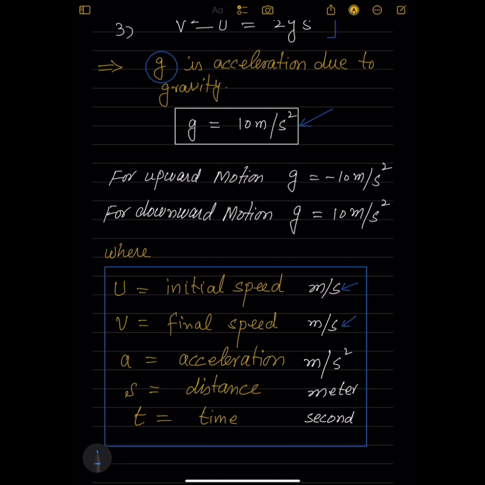A represents the acceleration of the particle and its unit is meter per second square. S is the distance or displacement, its unit is meter, and time t is in second.